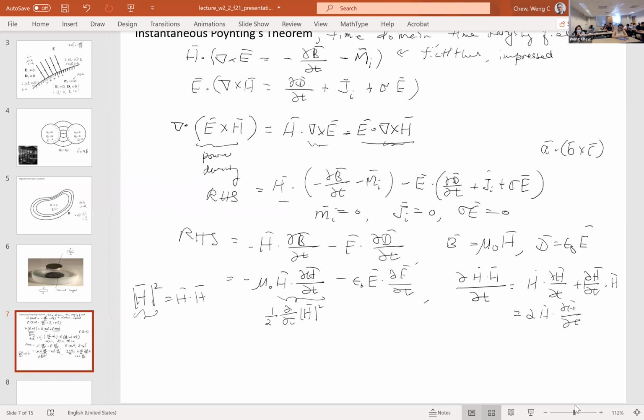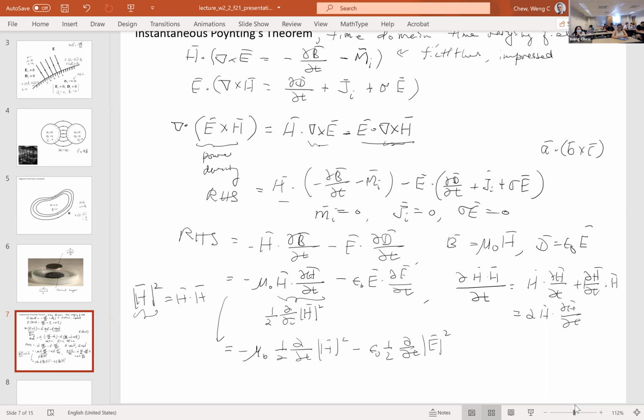So if you do that, then the right-hand side can be written rather simply. And what you have is that this should be equal to mu naught half partial t H squared minus epsilon naught half partial t E squared.